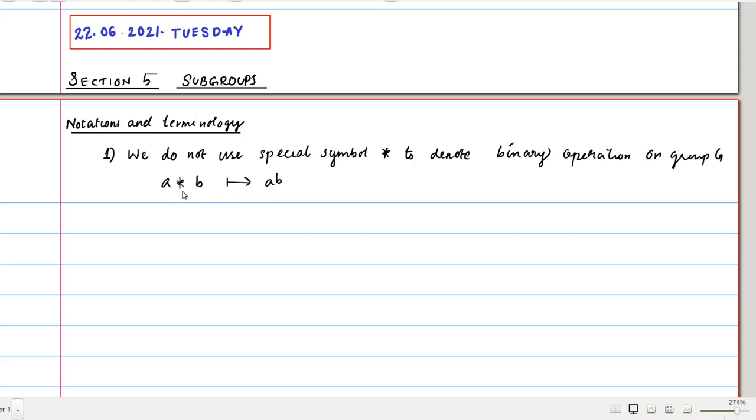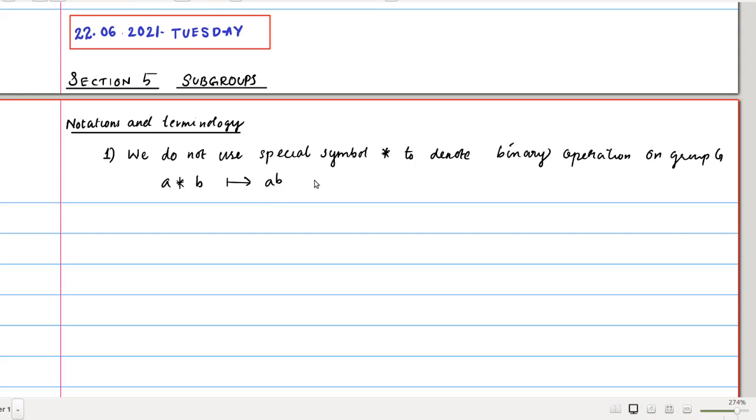So instead of writing a star b, we simply write ab from this section onwards. Please note that if a and b are elements of a group G, then ab denotes a star b. We are not going to write the star symbol between a and b; for convenience, we write ab.